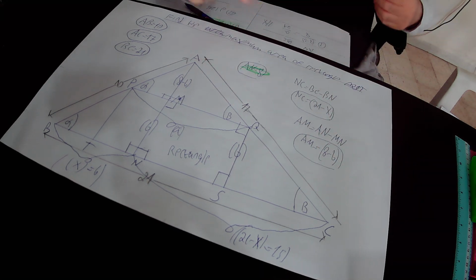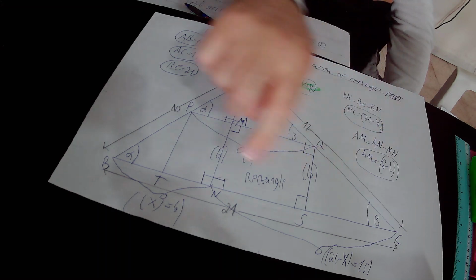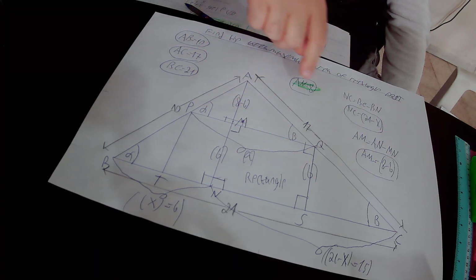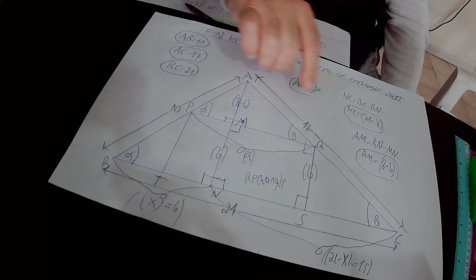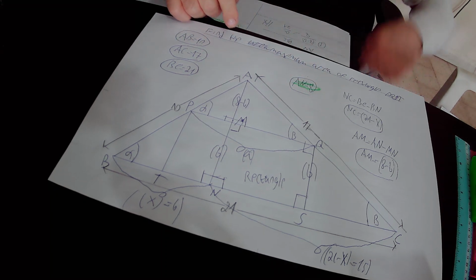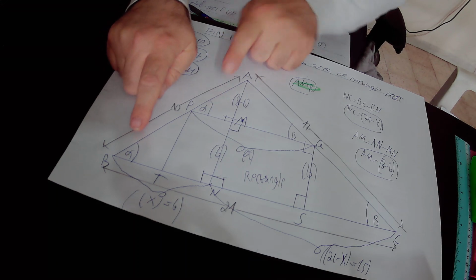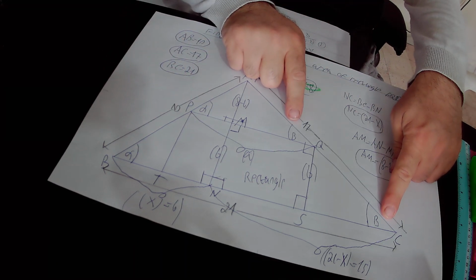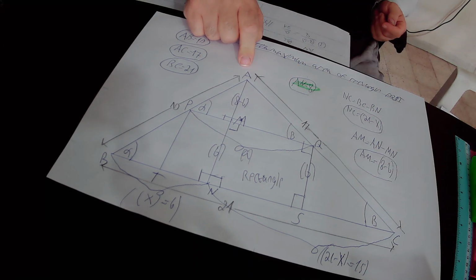In the next step, we prove that the big triangle ABC is similar to the small triangle AQP. So, why is the big triangle ABC similar to the small triangle AQP? First of all, those two angles are both equal to alpha, therefore they are equal to each other. In addition, those two angles are both equal to beta, therefore they are equal to each other. And finally, this is angle A, a common angle that belongs to both triangles.